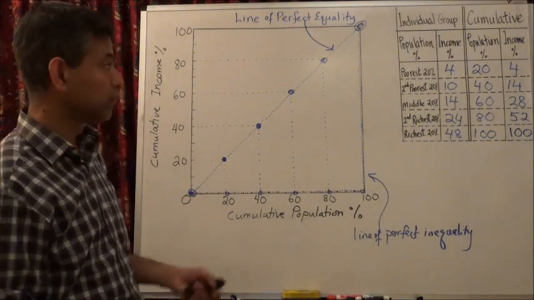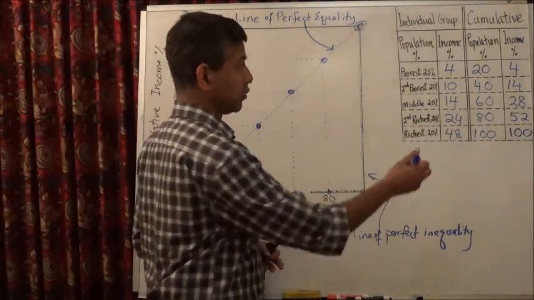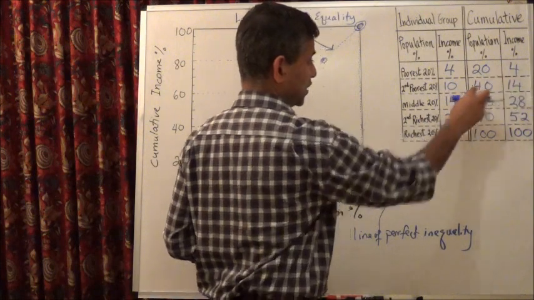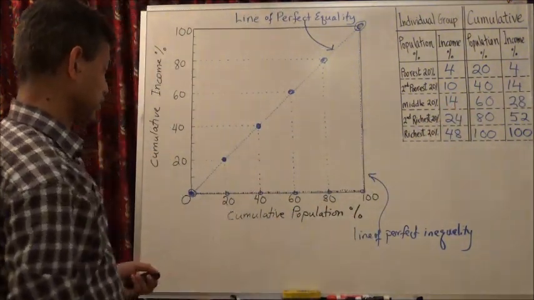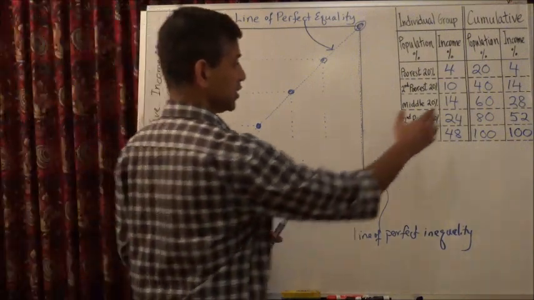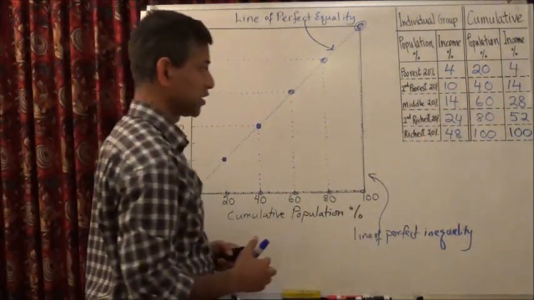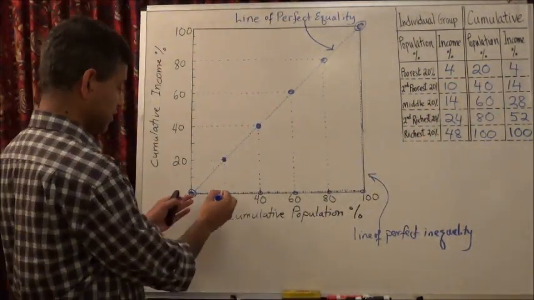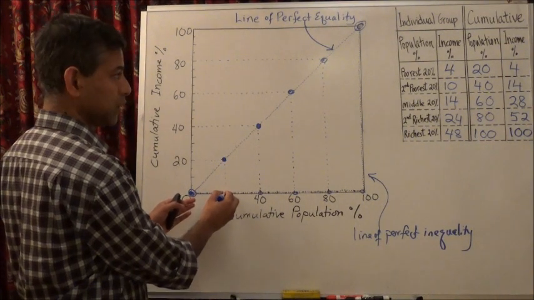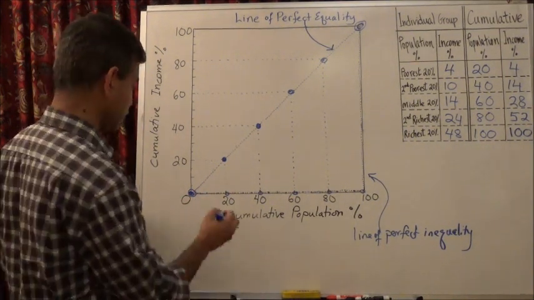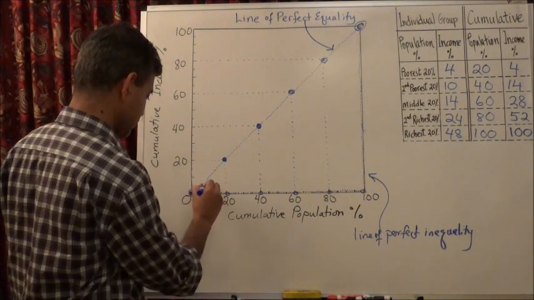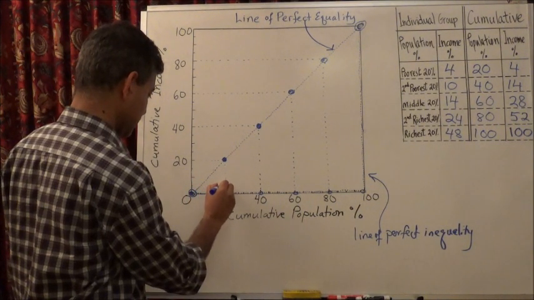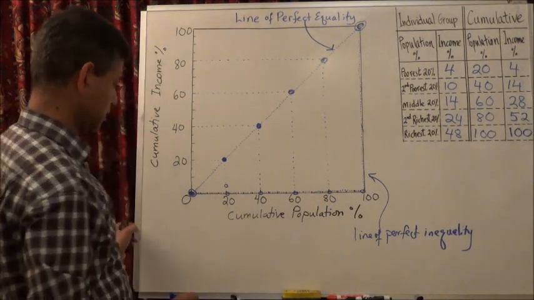The Lorenz curve for this example would be based on these cumulative shares of population and of income. So if we take the very first combination, for the first quintile, we will have seen 20% of the population, but income-wise we will have seen only 4% of the income. So 20% goes with 4. This is sort of a freehand sketch.